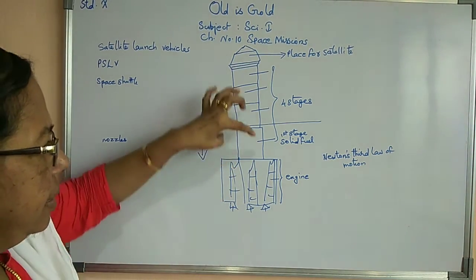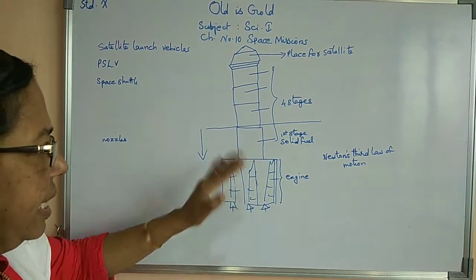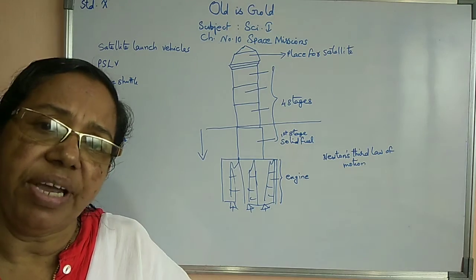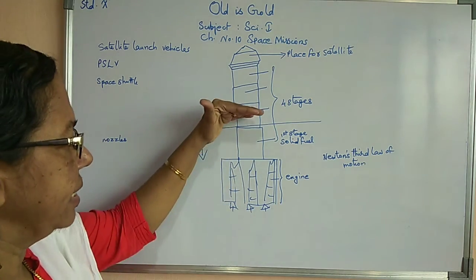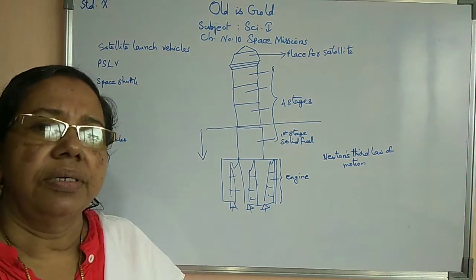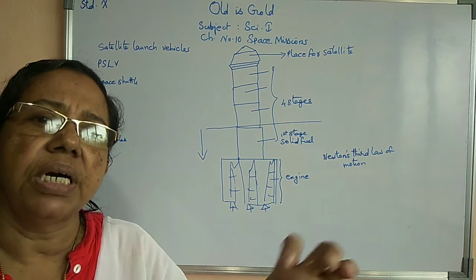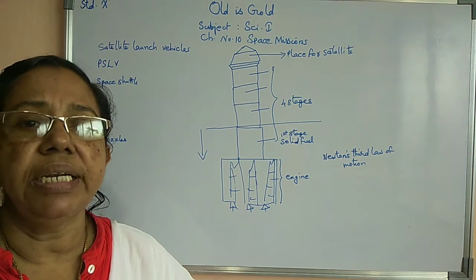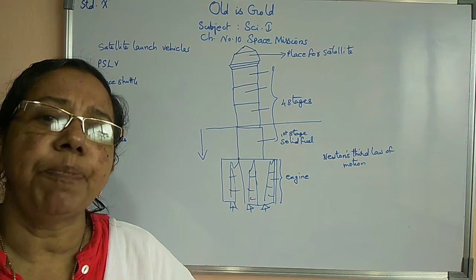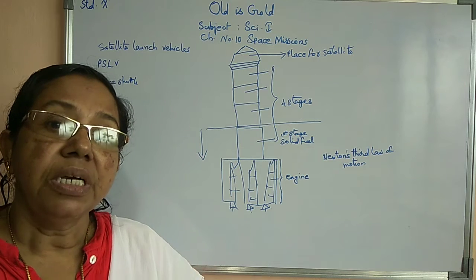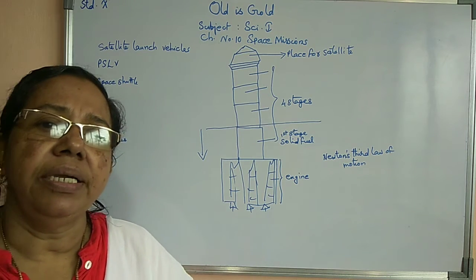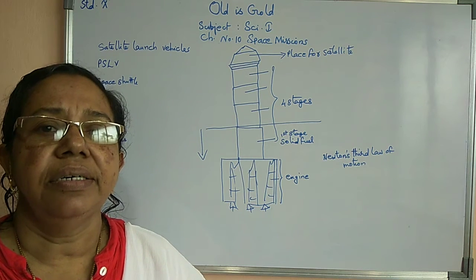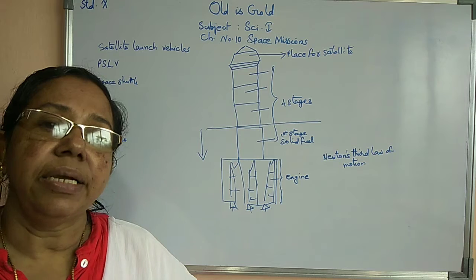what will happen? This fuel tank as well as the engine will be discarded from the main body of this launching vehicle. As a result, this part will separate out and it will fall to the earth. We can say that it will fall either in the ocean or on any unpopulated land. That is controlled remotely by scientists, or the satellite mission centers.